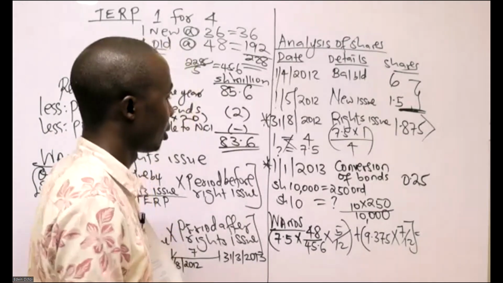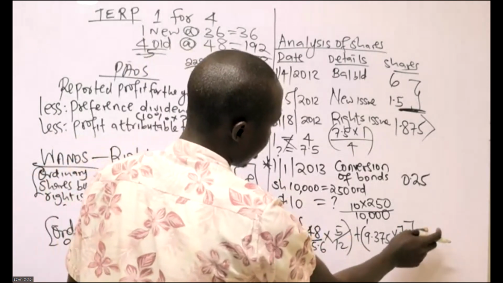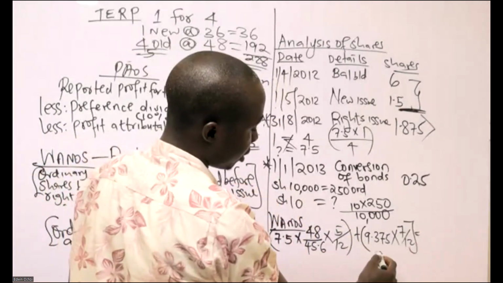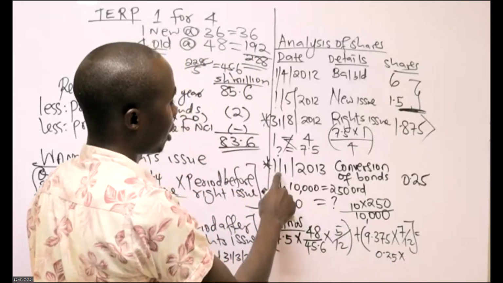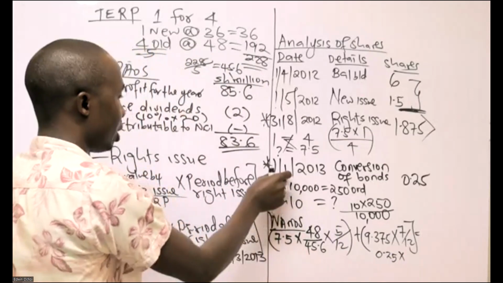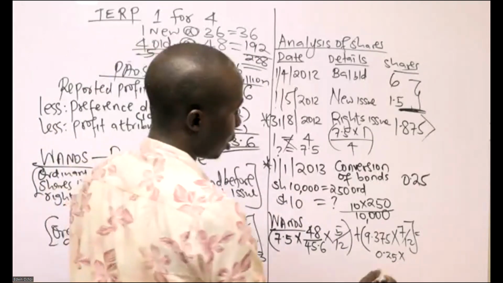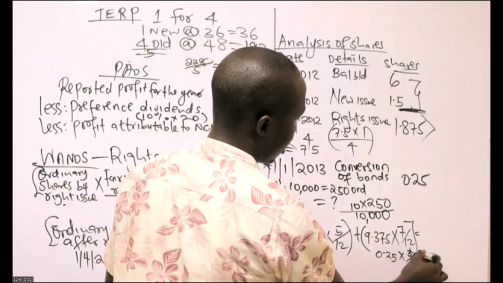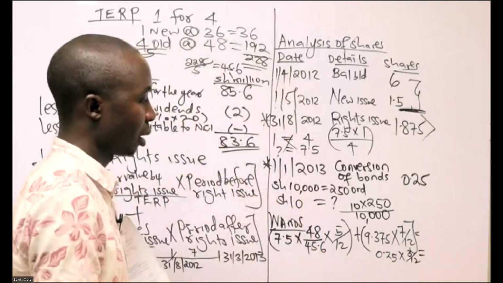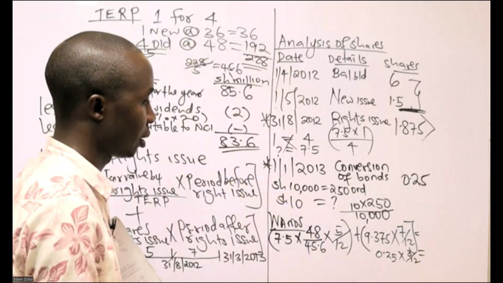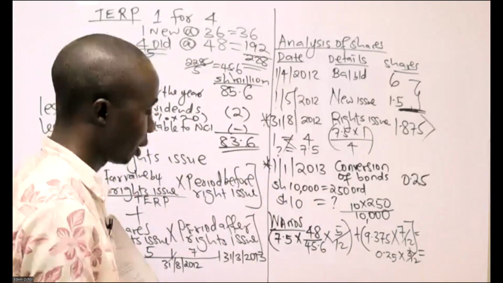You weigh them from that time. So I will consider 0.25. I weigh them from which period? From this time of conversion to the end of the year. From January to the end of the year, that is 31st March 2013, those are 3 months. Those are 3/12. So the answer I get from my first formula, I add with my 0.25 shares, the weighted ones.